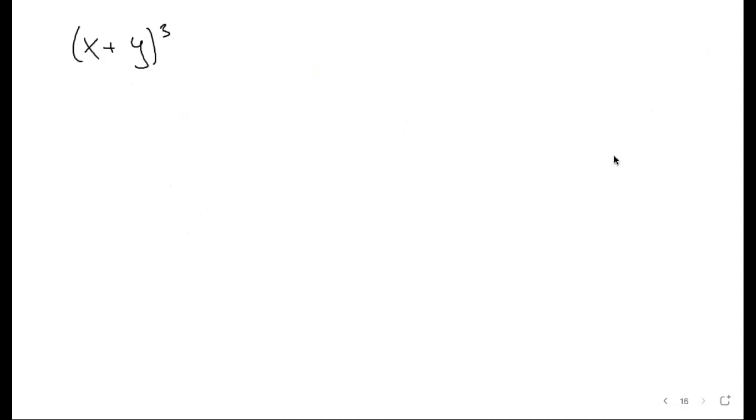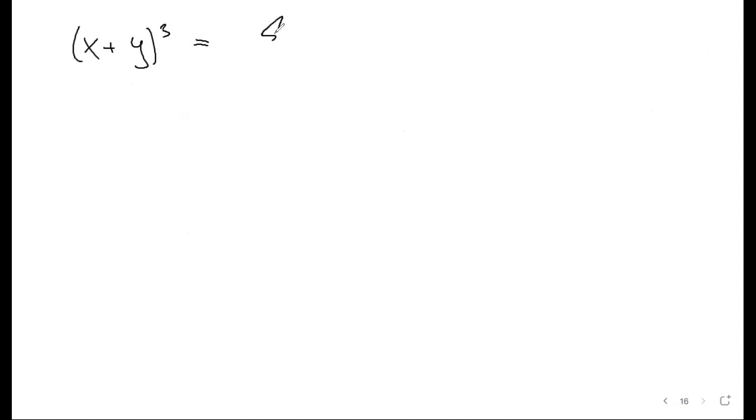So here, let me just give you this example, and then I'll go back. X plus y cubed. If I were to expand this out, I'm just going to give you the expansion. I'm not going to do the calculation. This expands out to be this. Actually, I will do the explanation.